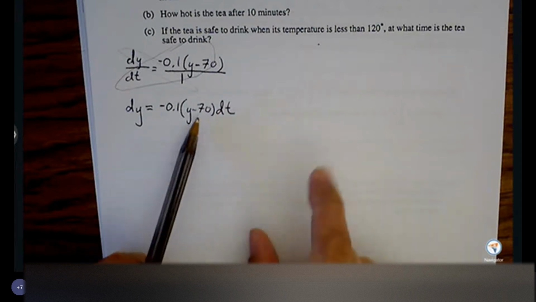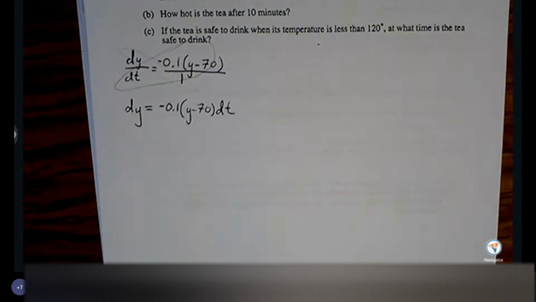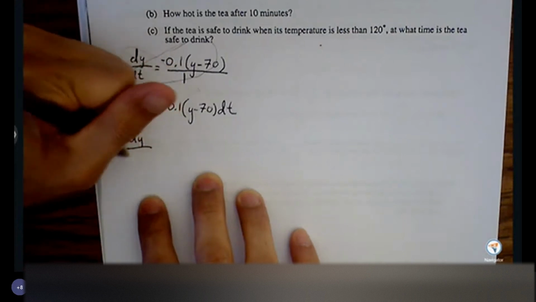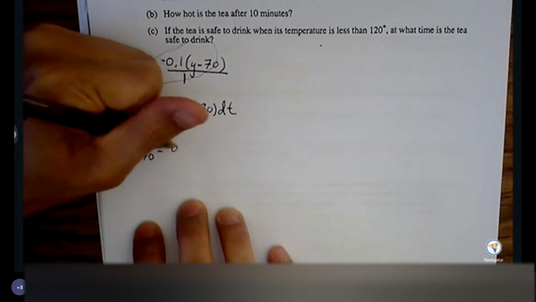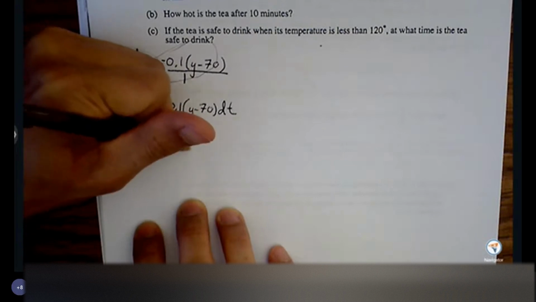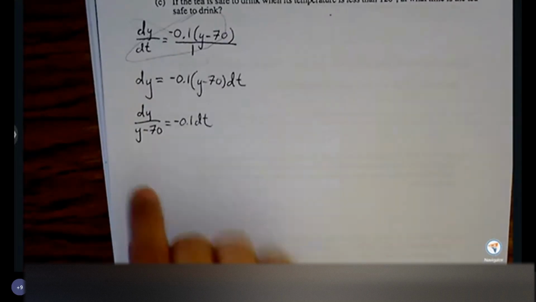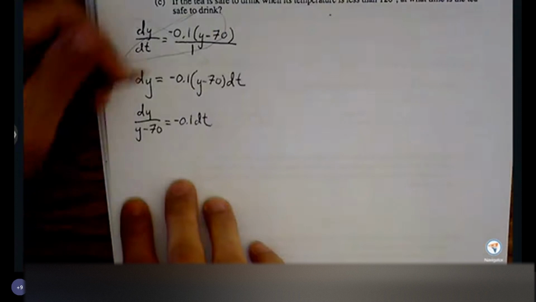The only thing that stays on the right side, we're just going to shift that y minus 70 over to the left. Okay, now we have full separation. Y is on the left, everything else on the right.